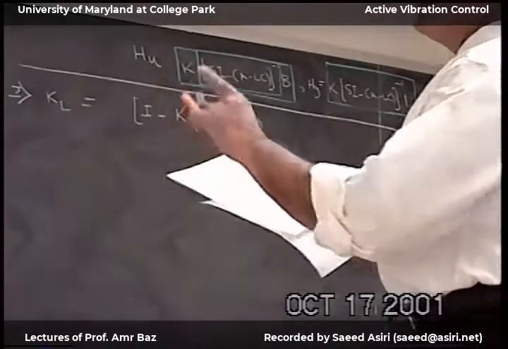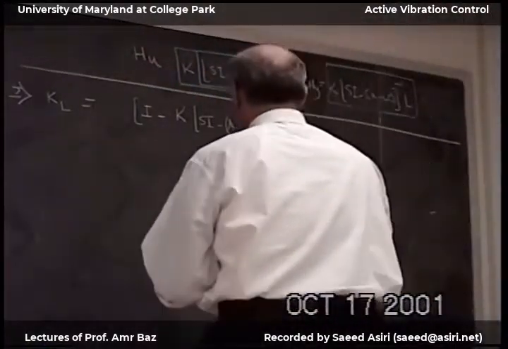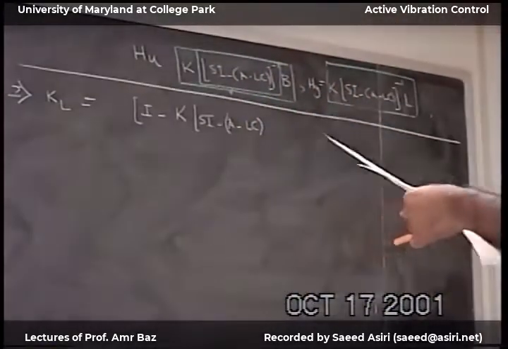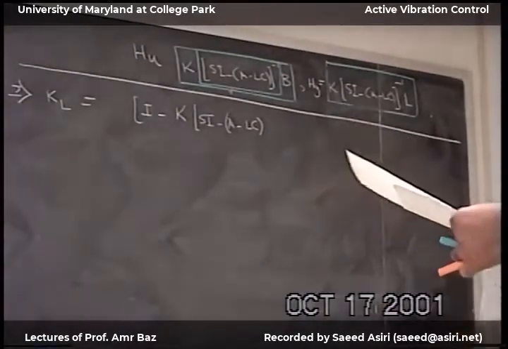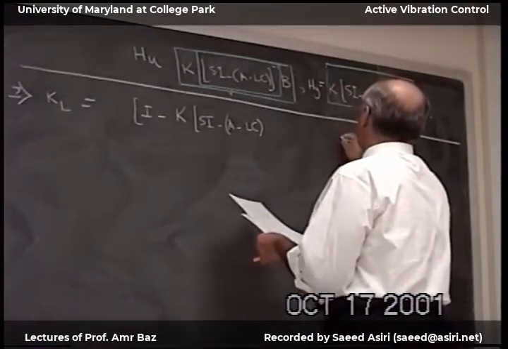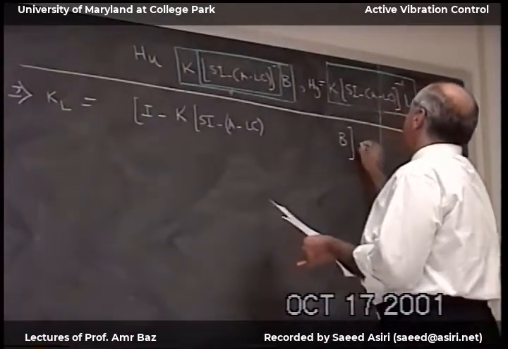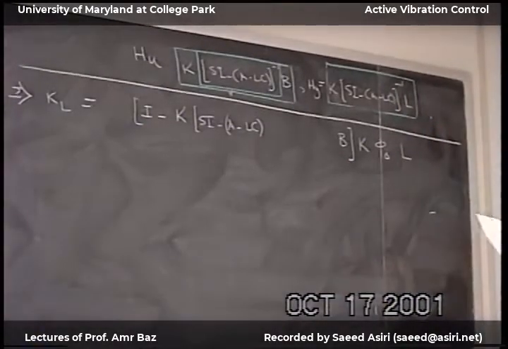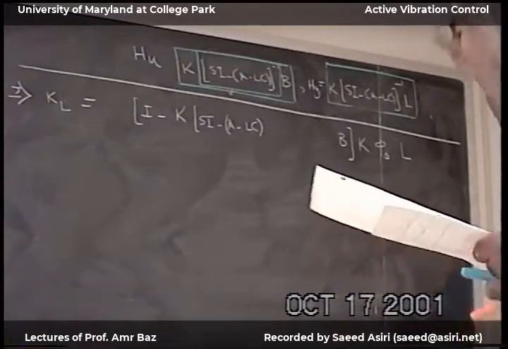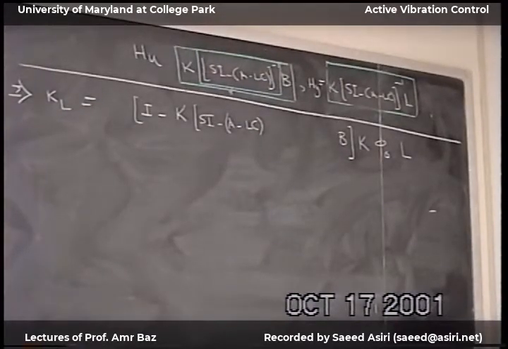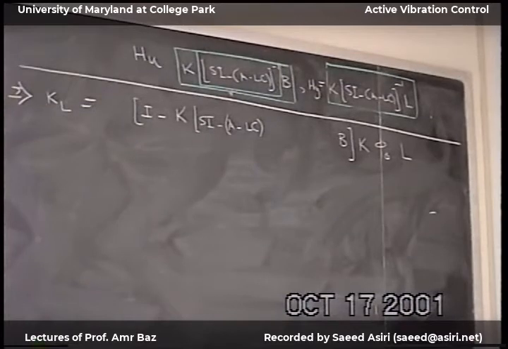The C is the B, along here, C, right here at the end, we have B, and then we have the K, then the phi0, there, and we want to fill the in-between, so the D is SI minus A minus LC.